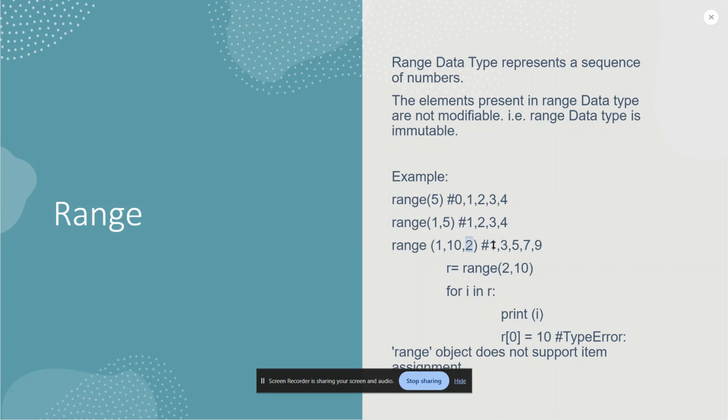Starting with 1, 10 will never be in your output. The max will be 9 if it qualifies the frequency you have given, if not it will be 8. So here I'm starting with 1 and it will be 1 3 5 7. Similarly if I go for 2 to 10, it will start with 2, then 4, then 6, and then 8. You don't see 9.